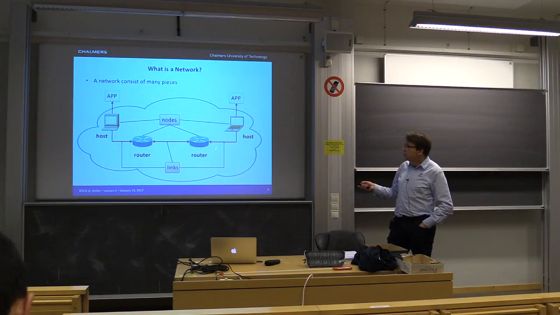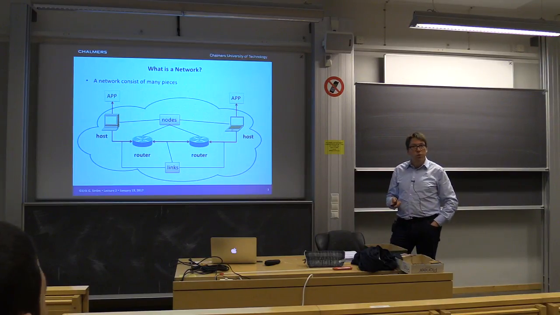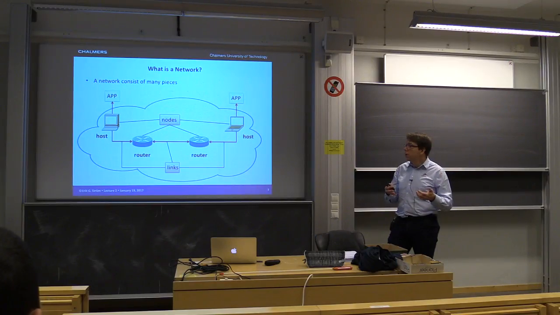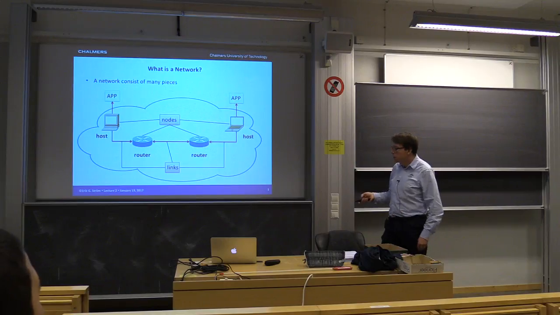Okay, we will see later on that there are many types of inner nodes here. And some of them are actually called routers, some are called switches, some are called other things, right? But from today, or at least for a few more slides, we will divide all the nodes into two main categories: those who are hosts and those who are routers.